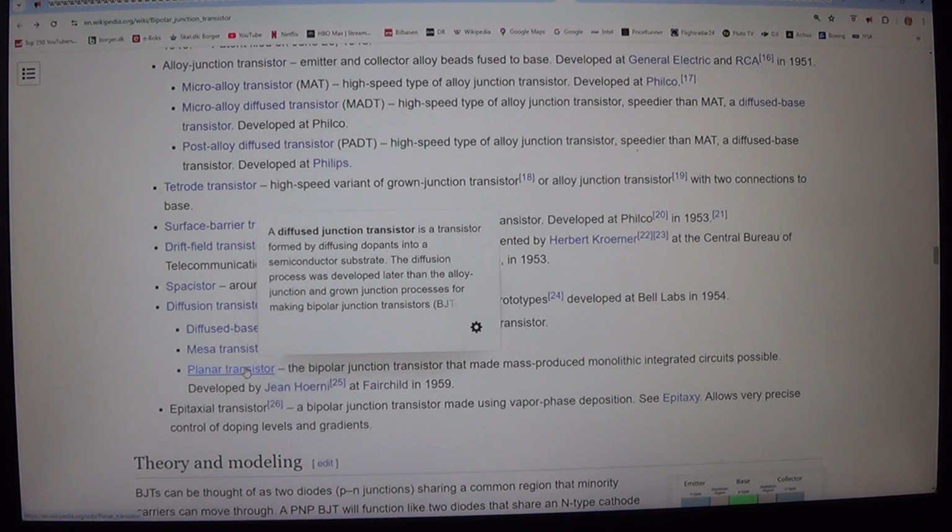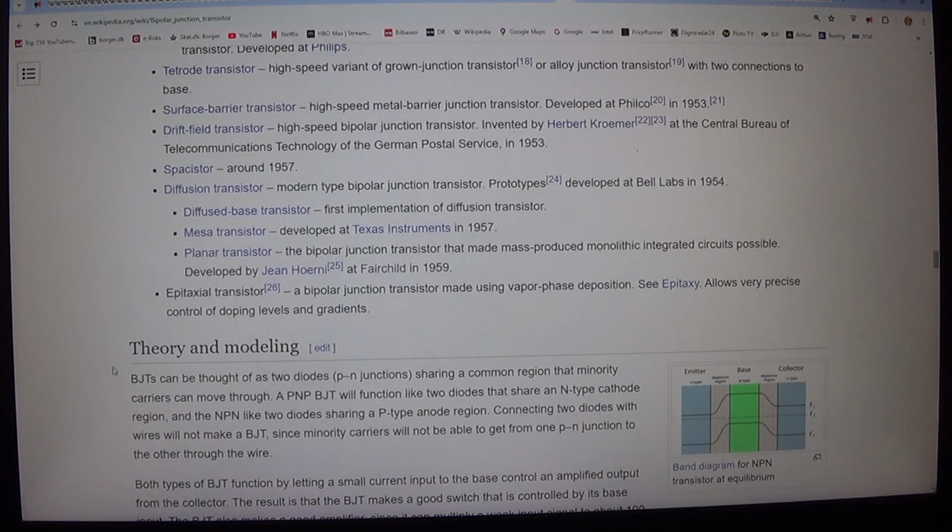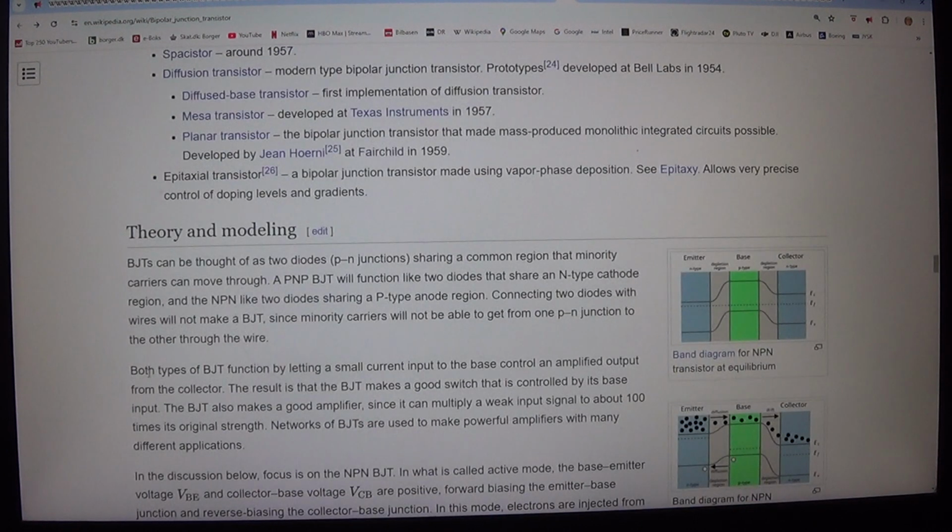Invented by Herbert Kroemer at the Central Bureau of Telecommunications Technology of the German Postal Service, in 1953. Six, spacistor, around 1957. Seven, diffusion transistor, modern type bipolar junction transistor. Prototypes developed at Bell Labs in 1954.